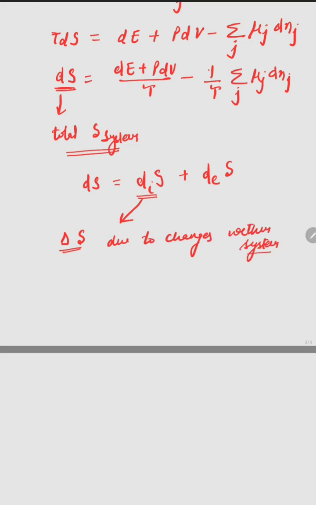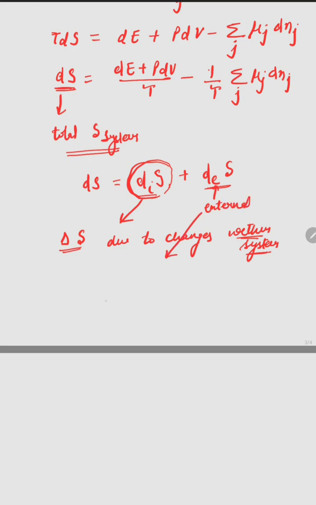The changes which are occurring within the system induce some change in entropy, which is known as the internal change in entropy. I represents the internal. E represents here the external change in entropy of the system.